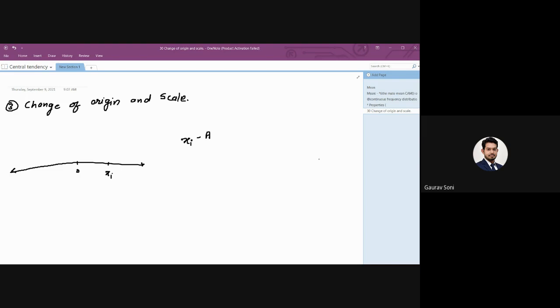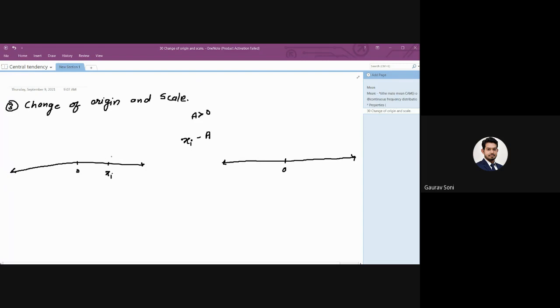What will happen on the right hand side? I'm given that a is greater than 0. What will happen if I subtract a from each and every point on this axis? It will shift to the left side. Every point on this line will shift to the left, and even the origin.